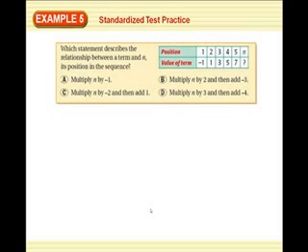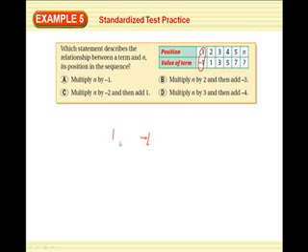Example 5. Which statement describes the relationship between n and its position in the sequence? Okay, we don't multiply it by -1. Multiply n by 2. So I'm just going to do this first one right here. That one's n. 1 and -1.